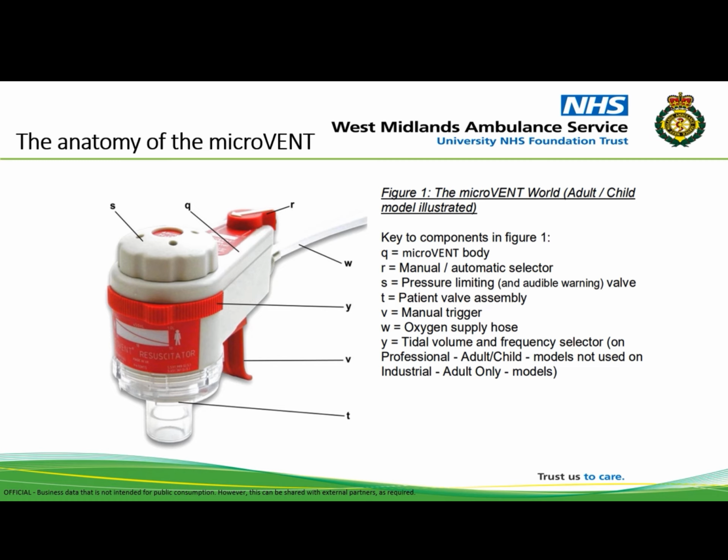You'll see at the rear of this picture that there is a switch that allows you to switch between manual ventilation and automatic ventilation. To the top of the device is a pressure limiting valve which emits an audible warning if the pressure is exceeded. There's a trigger valve which allows you to manually ventilate the patient.